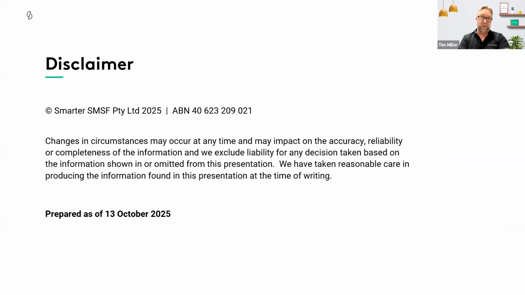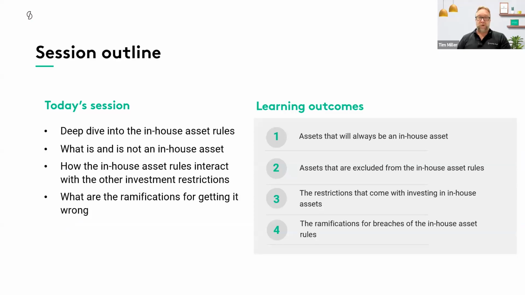For me, it's one of those areas where I've been dealing in this space for a long time now, and it's still fascinating because the rules really haven't changed at all in regards to in-house assets since self-managed super funds became a thing in 1999. It was actually the introduction of self-managed superannuation funds that really led to the introduction of the in-house asset rules as we know them now.